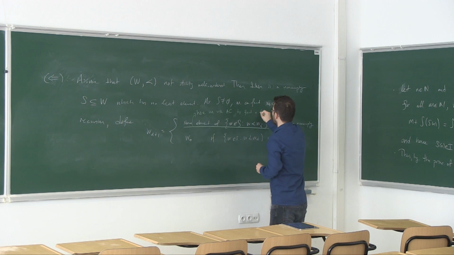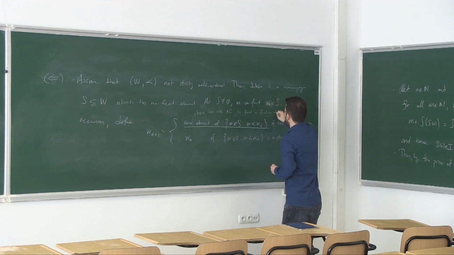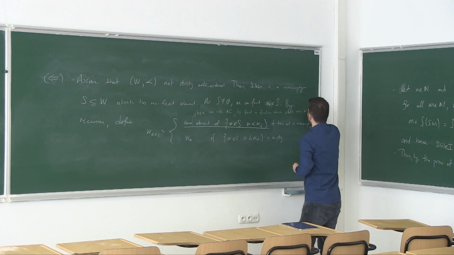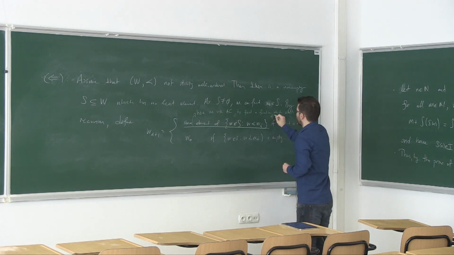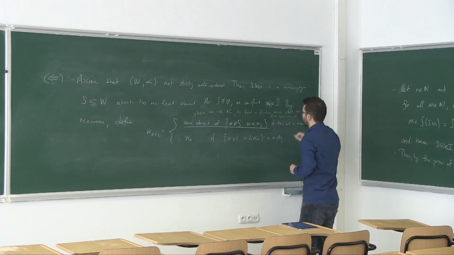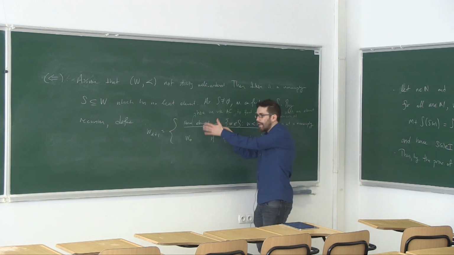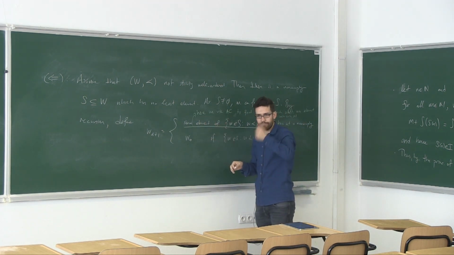to find a function which selects one element from each such set, okay? So this definition looks ambiguous, but it's not. I'm just invoking the axiom of choice.